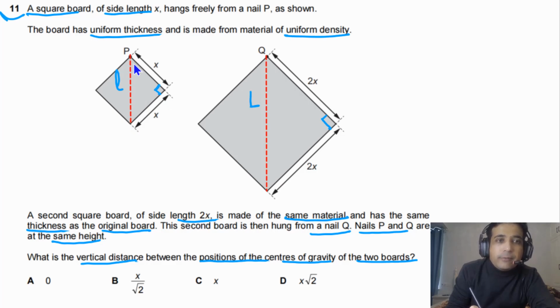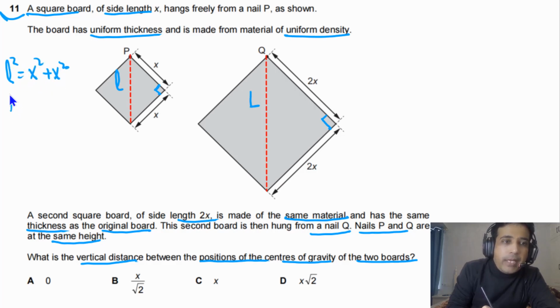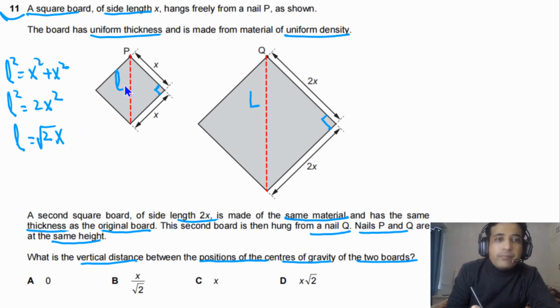So as this is a right angle triangle, simply we can say in this case l squared will be equal to x squared plus x squared, this will be equal to 2 times x squared. So from here we can find out the value of l. l will be equal to root 2 times x. So this is the value of l.